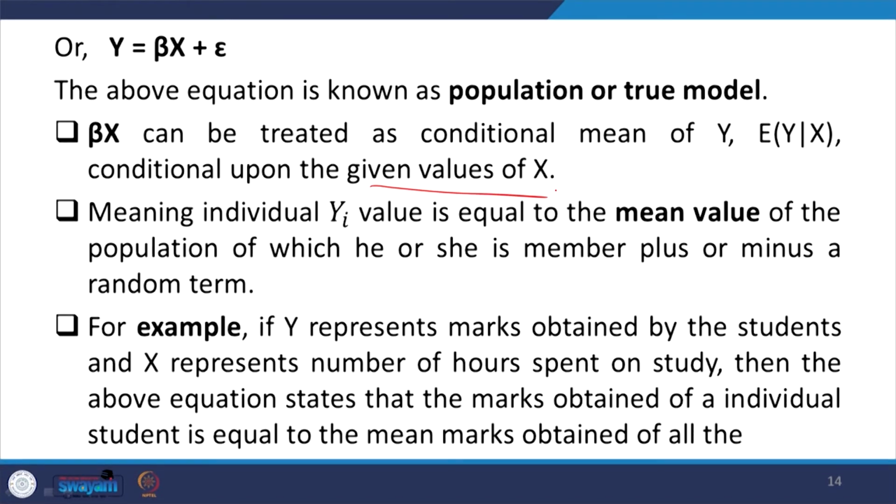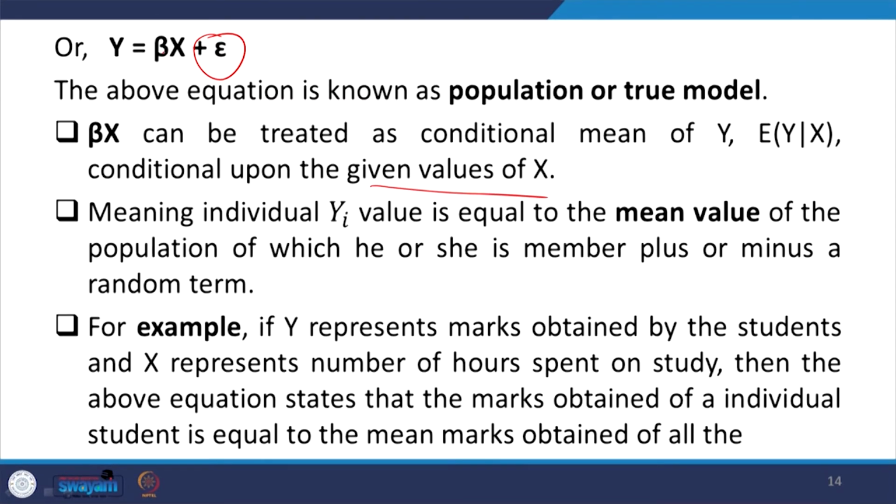So, what does this mean for an individual yi? The individual yi value is equal to the mean value of the population of which he or she is a member, plus or minus a random term. Okay. So, the error term could be plus or minus, that has to be understood. Now, in our example, y represents the marks obtained by the students and x represents the number of hours spent, the example we have already cited.